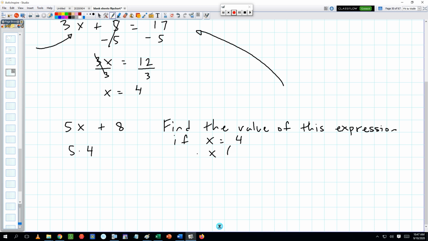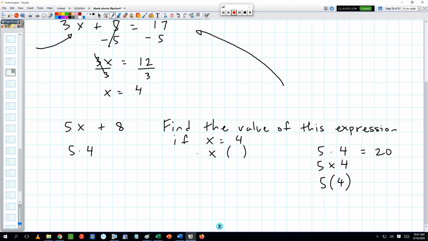And sometimes I'll use parentheses. So if I was doing 5 times 4, you may see 5 dot 4. That means 5 times 4. In the old days, I might have used this. But because I use x so much for variables, I'm not going to use that symbol very often. Or I may do this right here. All of these mean the exact same thing, and they all have a value of 20.